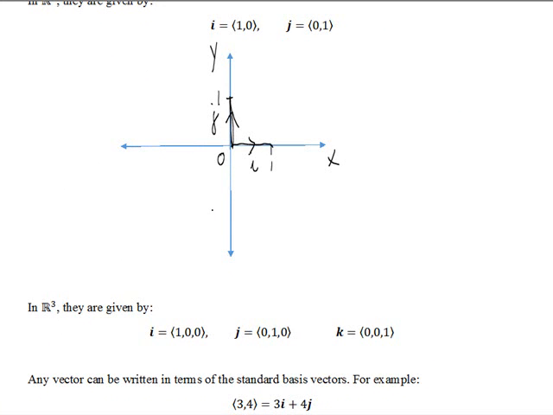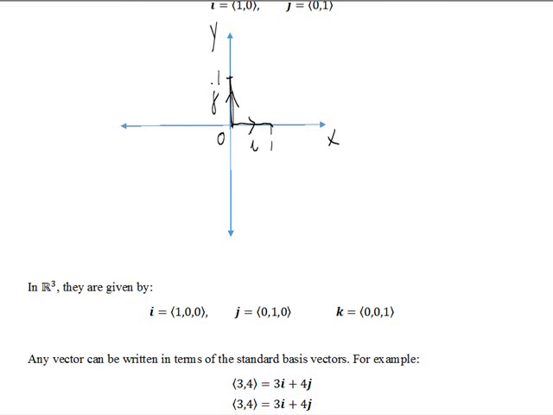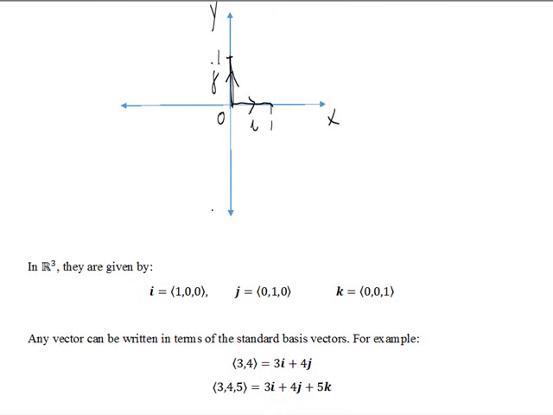And as I said, any vector can be written in terms of the standard basis vectors. So for example, the vector 3, 4 in angle brackets can also be written as 3i plus 4j. The vector 3, 4, 5 can also be written as 3i plus 4j plus 5k.